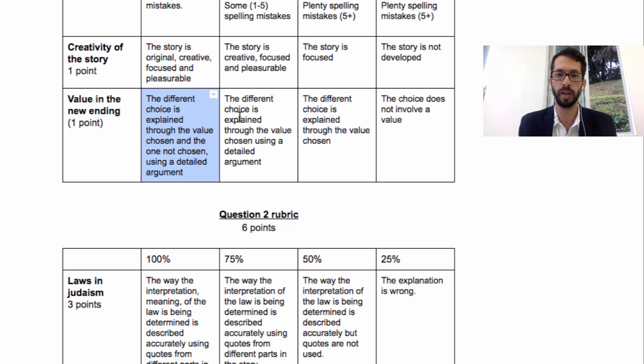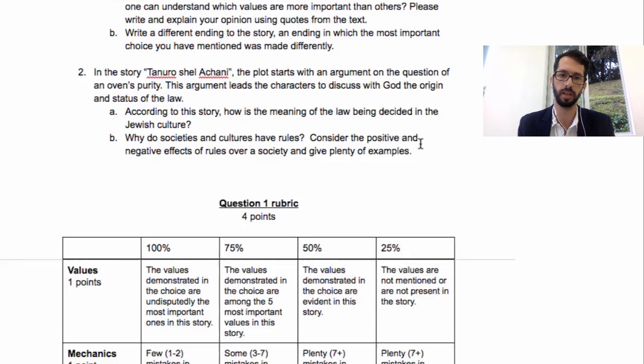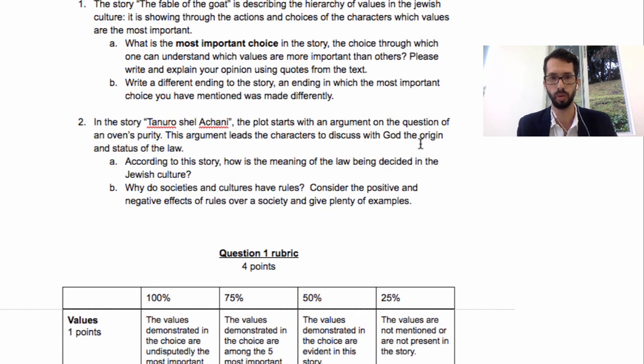If you explain why this person chooses the new value, but you don't explain why he does not choose the one he chose originally, you are in the 75% zone. If you show that he chooses the new value, but do not explain and there is no argument, you're in the 50% zone. If no value is mentioned, you're in the not good zone.